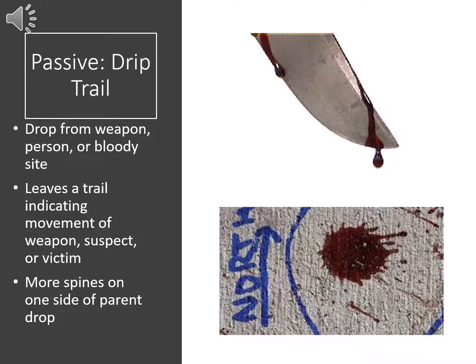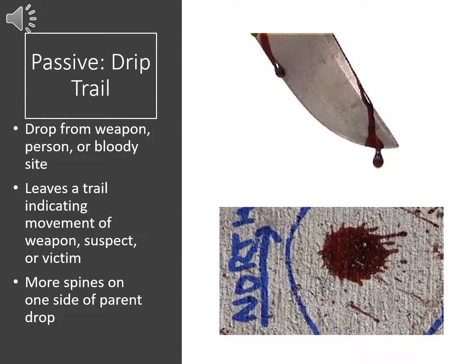So the nice thing about the passive drip trail is that you can get some information about the direction of that movement. So we're not looking at perfect circular drops anymore because there's three-dimensional movement of the source of the drip, we're going to be able to see that there's more spines on one side of the parent drop relative to the other.